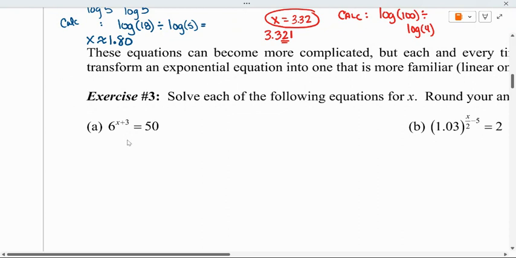6 to the power of x plus 3 equals 50. So remember, this is your exponent, right? So we're just going to move it out front. And I'm going to put it in a parenthesis because that whole thing is my exponent. Does that make sense?